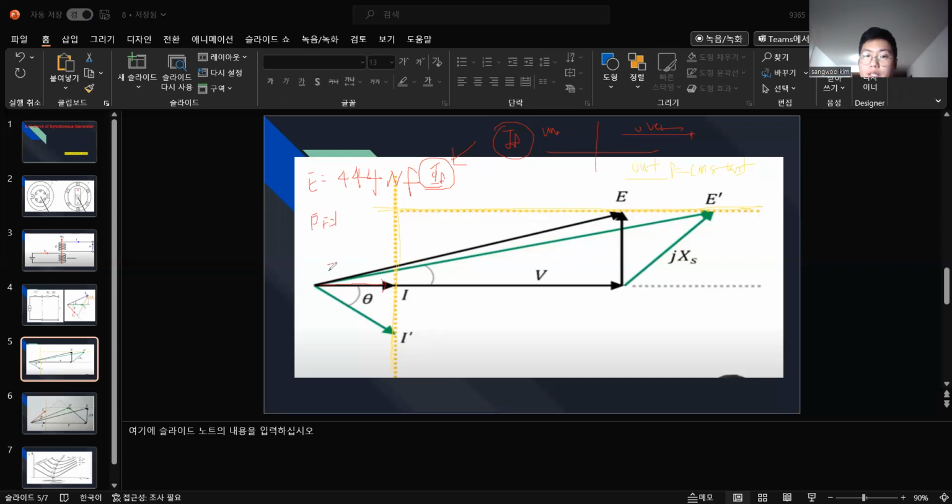If I is here, this I is the load current. You know what I mean? Load current in the equivalent circuit, right? So I said J is 90 degrees, more preceding, right? So if I is here, 90 degrees is here. So I make it here.